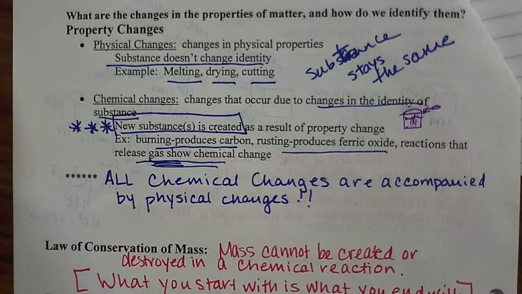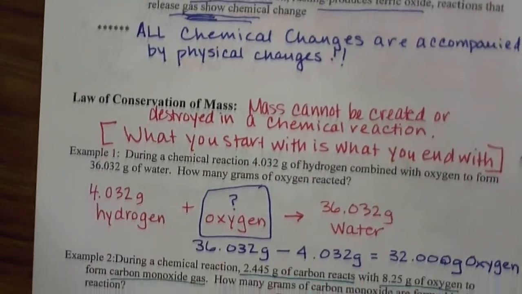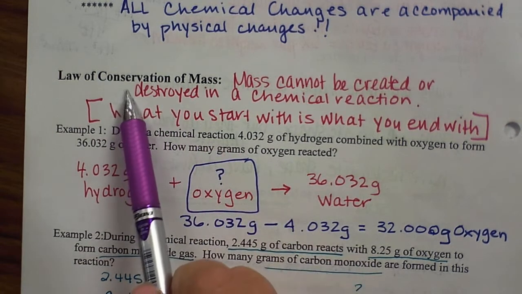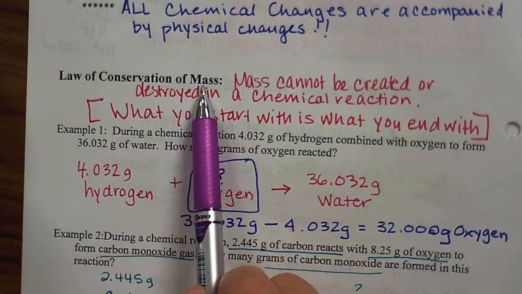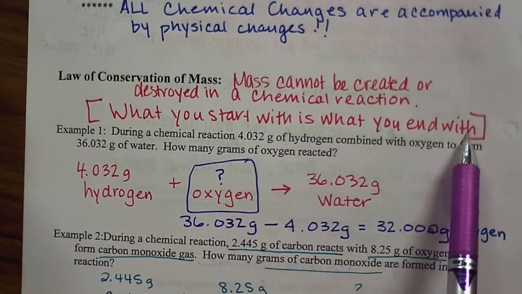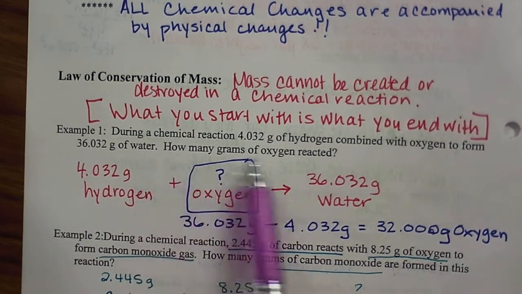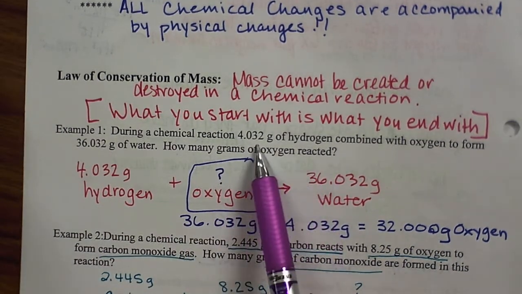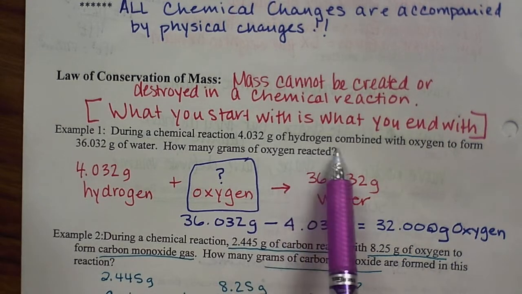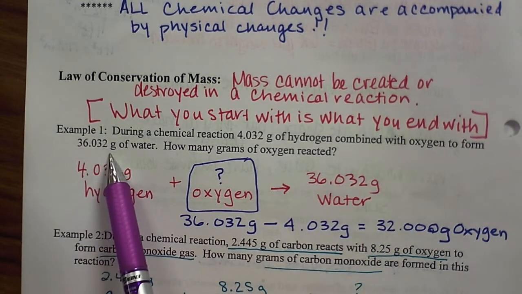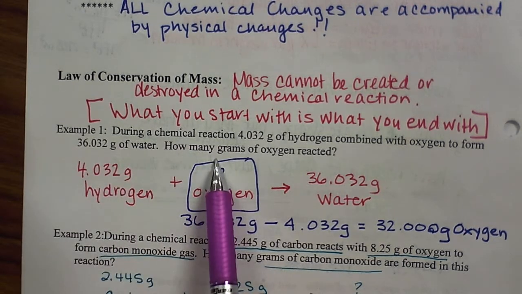Next we talked about how mass cannot be created or destroyed across a chemical reaction. This is called the law of conservation of mass, and it means that what you start with in mass is what you're going to end with. We have an example reaction here. During a chemical reaction, 4.032 grams of hydrogen combine with oxygen to form 36.032 grams of water.